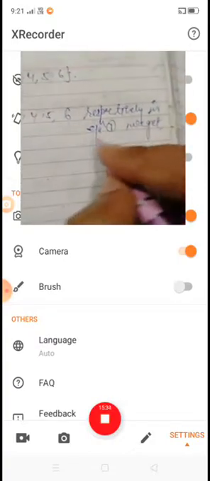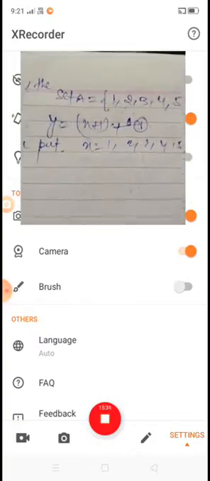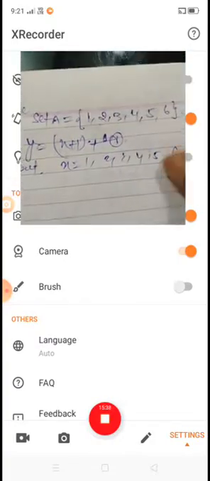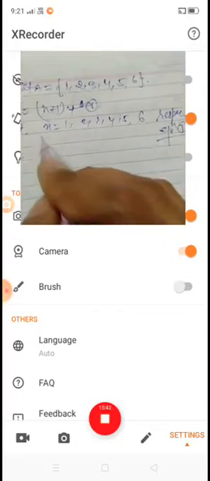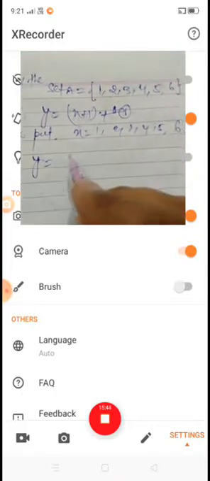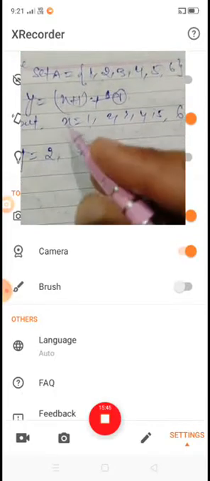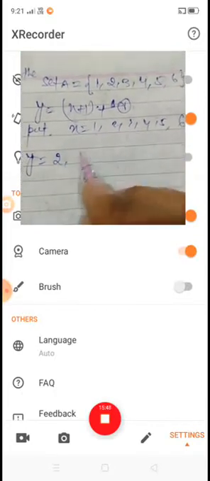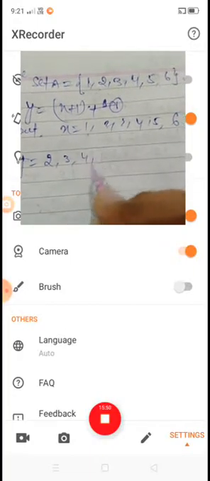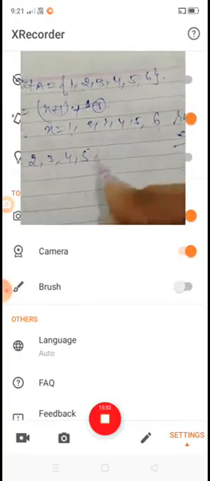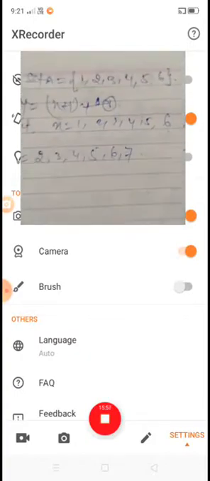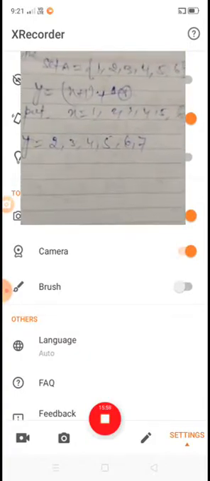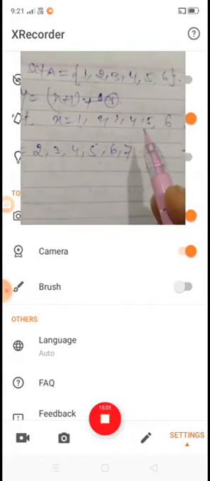In equation first we get y equal to 2, 3, 4, 5, 6 and 7 respectively.